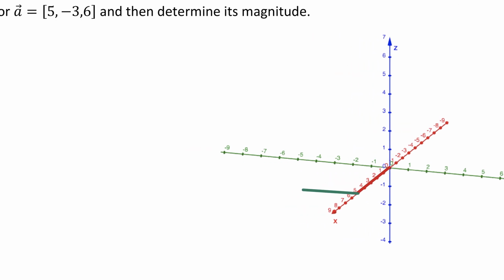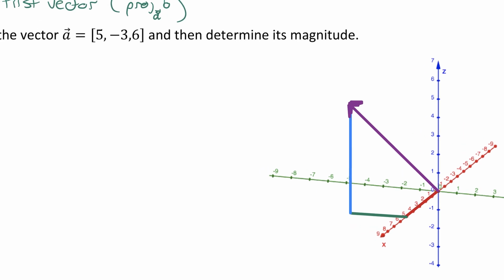And then lastly, I need to move 6 in the positive z direction. And I need to do that from where I left off after moving in the y direction. So the vector is going to go from the origin to where that blue vector last left off. So this purple vector right here is going to be vector A. So let me label it.